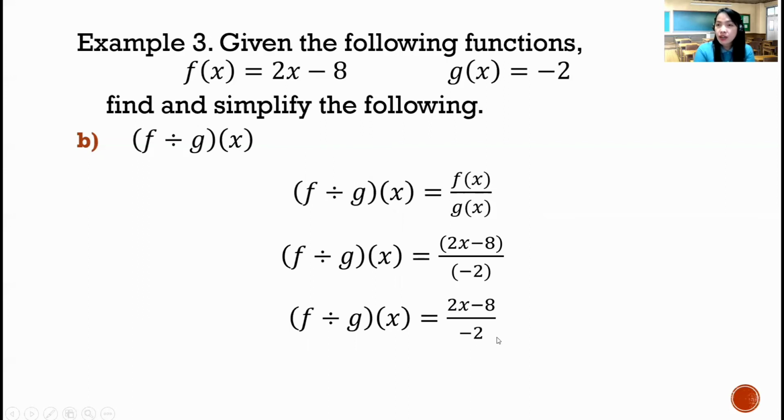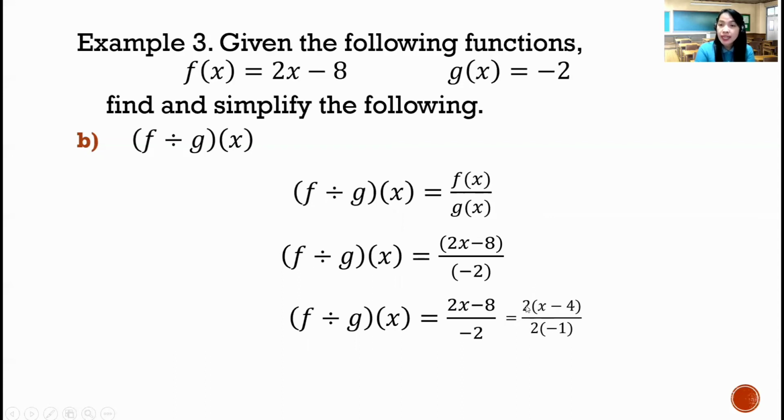Those numbers are divisible by 2. So, pwede siyang maging in the form of 2 times the quantity x minus 4 all over 2 times negative 1. Pwede mong alisin yung positive 2 both in the dividend and divisor.